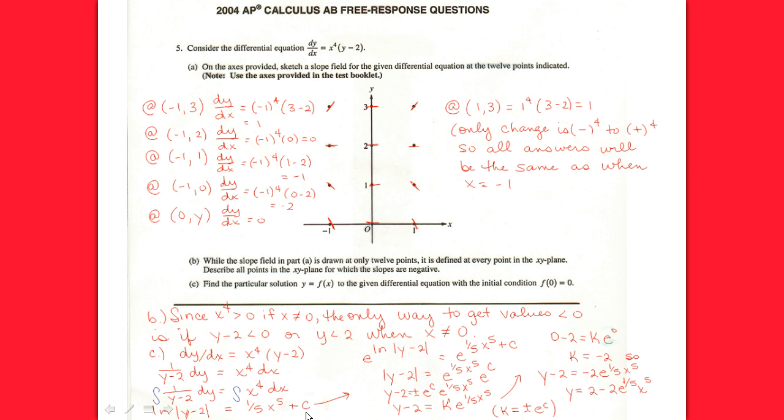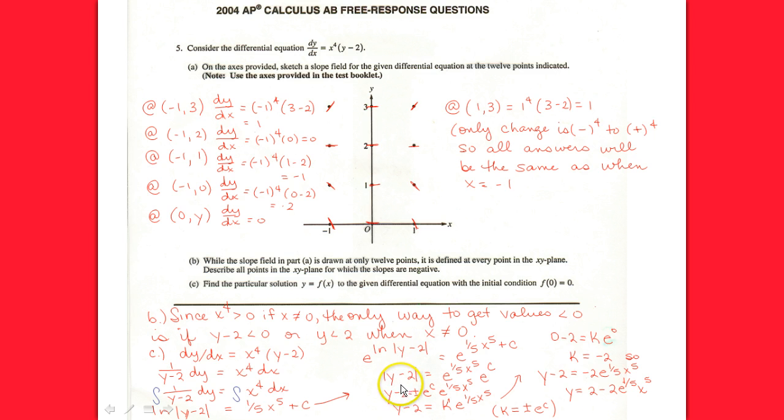Now, we've seen this before: if they give me an initial condition, I can plug that in and solve. And even though we don't understand all of the work going on with the integration, I do know how to undo a logarithm by using an exponential. So I can insert an exponential on each side. When I do that, I'm left with the absolute value of y minus 2.